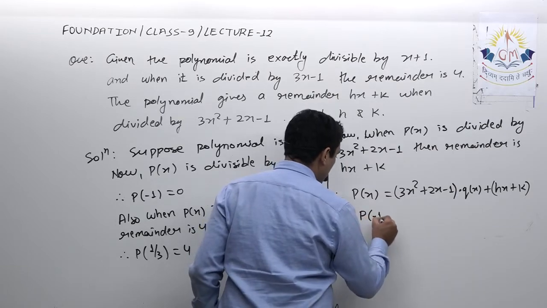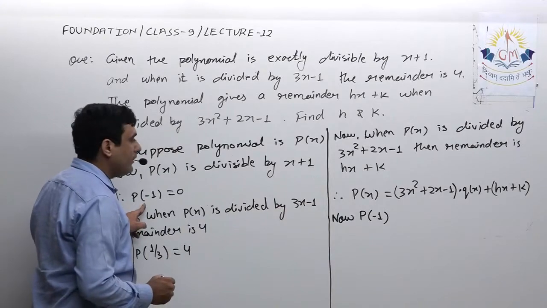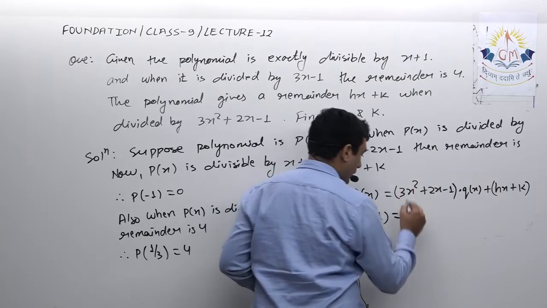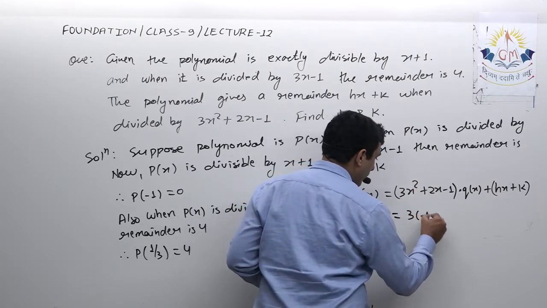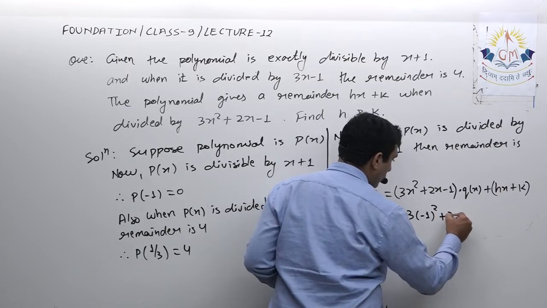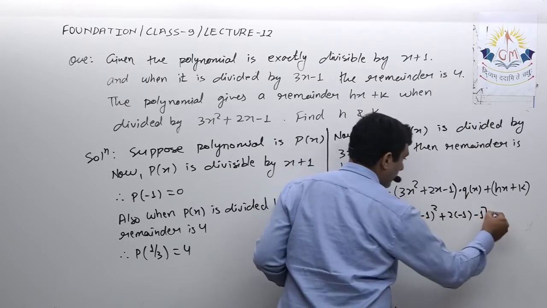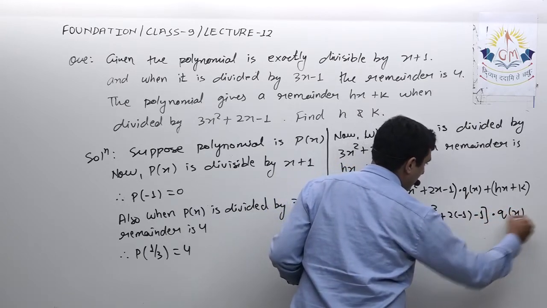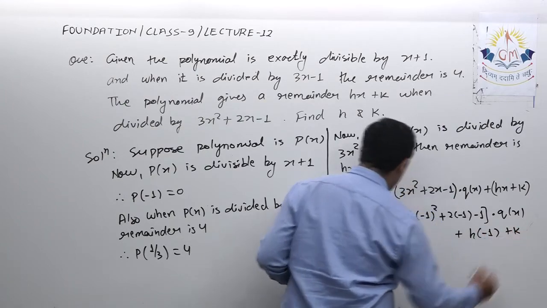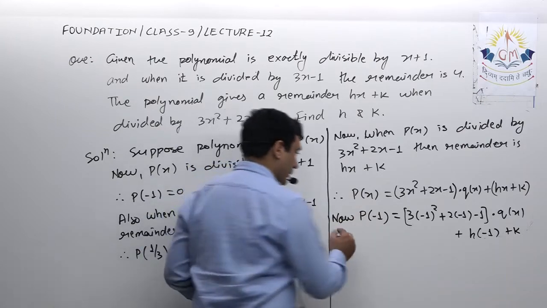p of minus 1. Okay, why I am taking p of minus 1 directly? Because I have that value. p of minus 1 is, if I put x equal to minus 1, 3 into minus 1 square, plus 2 into minus 1 minus 1, multiplied by qx, plus h into minus 1 plus k. I simply want it wherever x is there, I put x equal to minus 1.